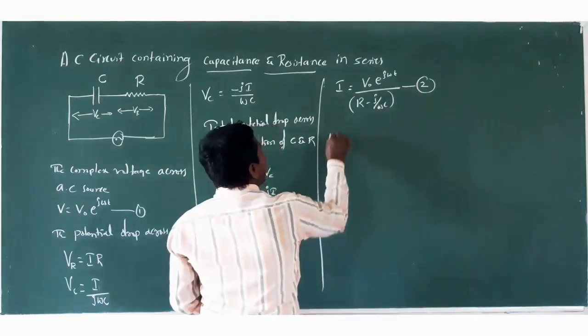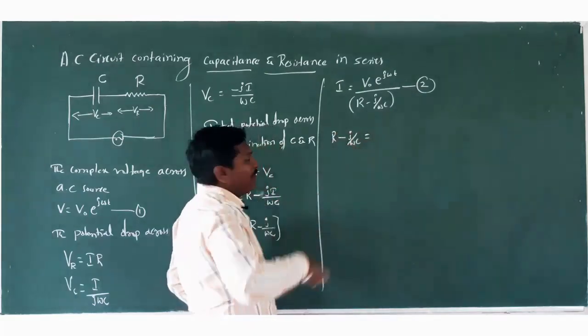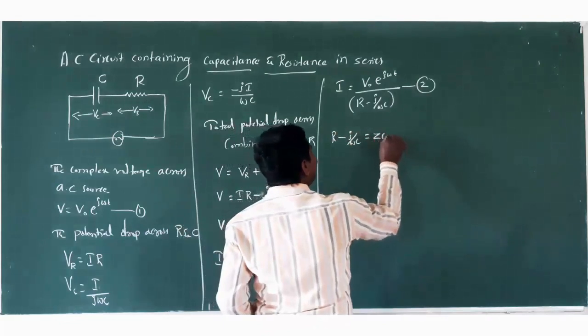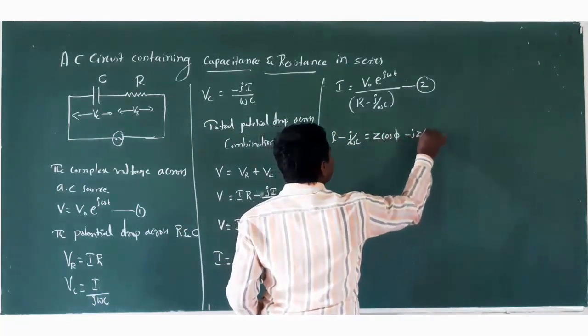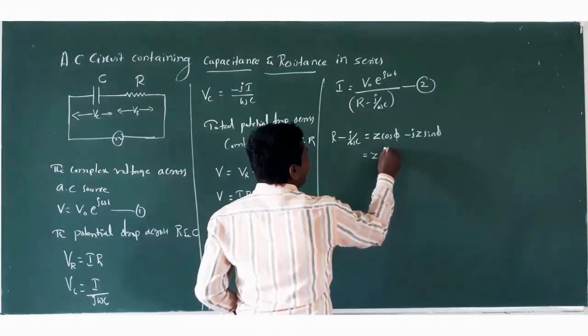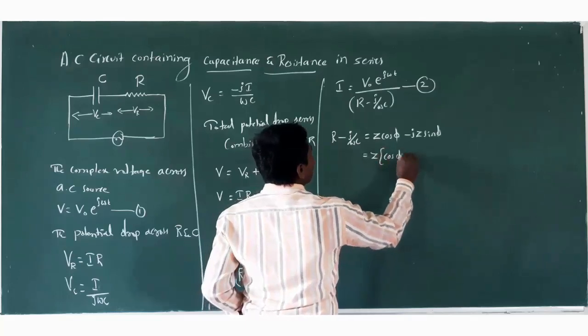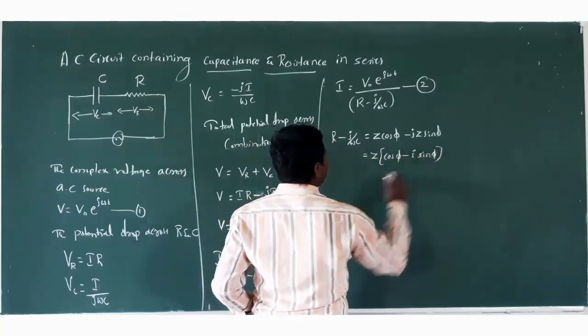Now we know that R minus j divided by omega c can be written as z cos phi minus j z sin phi. Now z into cos phi minus j sin phi.